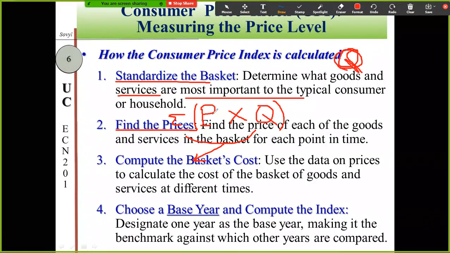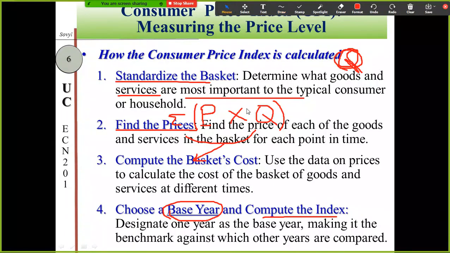One day you pay this amount, the next day you pay another amount, and another day another amount. That's why, in order to compare, we use the CPI index. To get an index, you need to choose one period as the base. So step 4: choose one period as the base and then compute the price index.